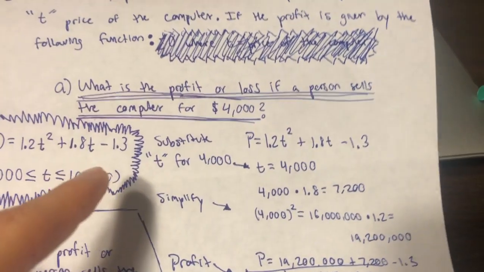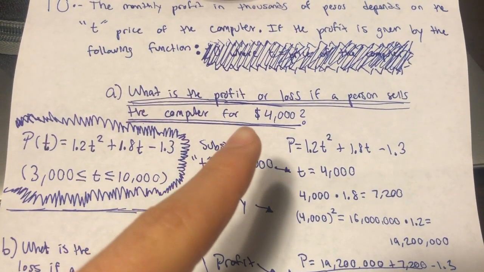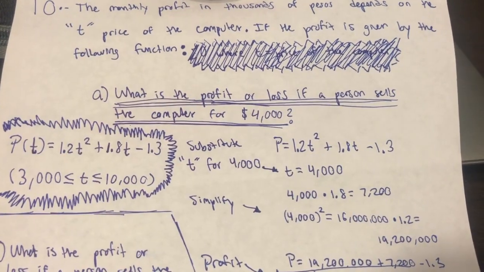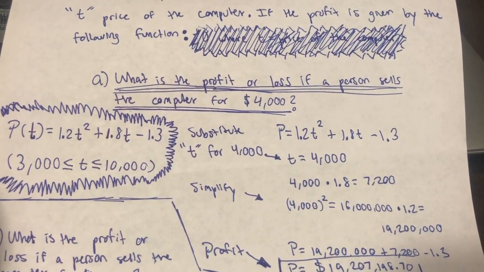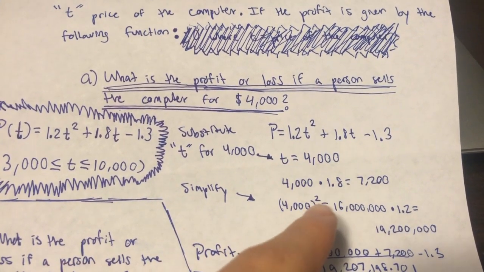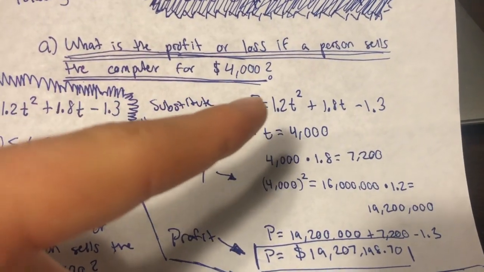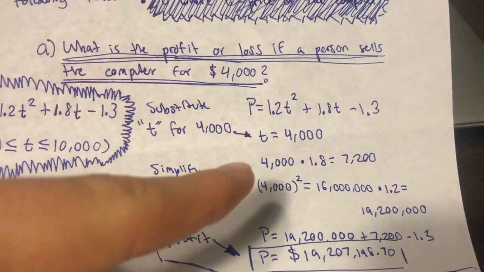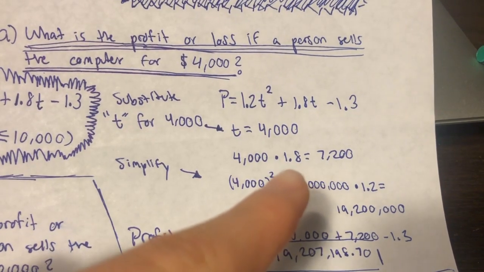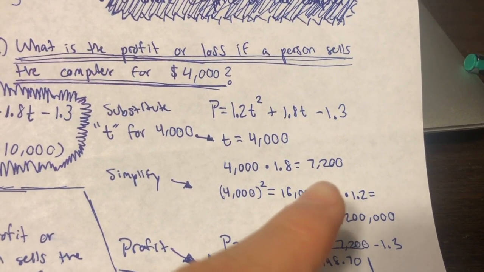So we write it right here. And now we must substitute T, which is the price of the computer. So T equals 4,000. So we insert it in the T's, and we know that 1.8 times 4,000 equals 7,200. Okay?